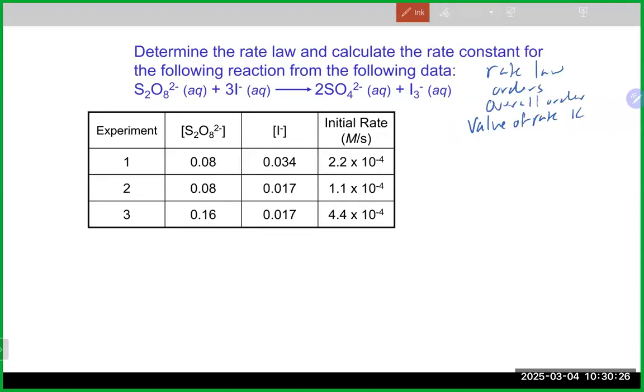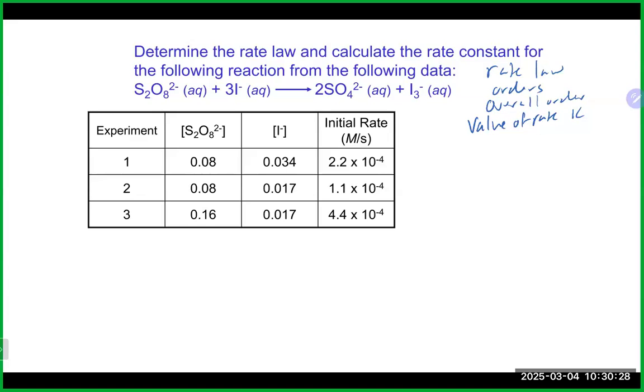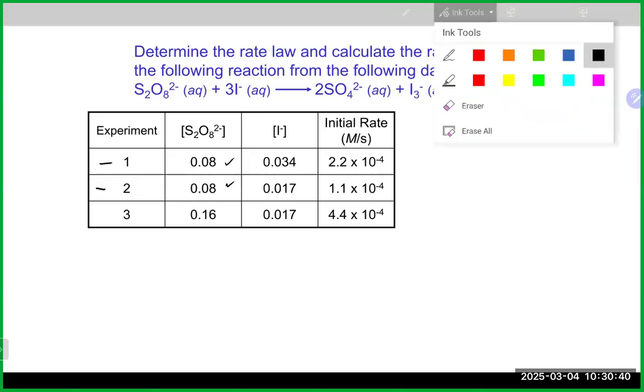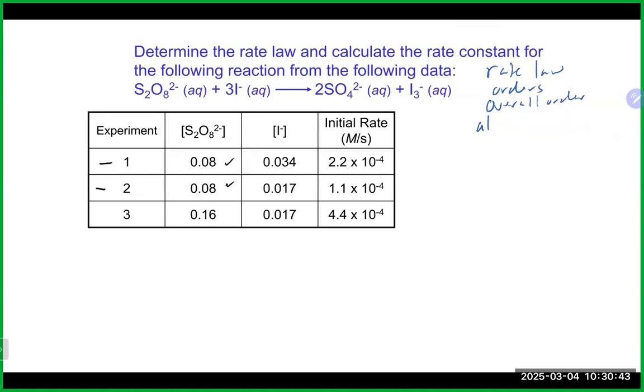Okay, so let's take a look again. We wanted to choose two entries where we keep one the same. So 1 and 2 here, we'll do that for our first one. And obviously that's going to vary our second one there. I'm just going to erase this here, just a little bit of space.